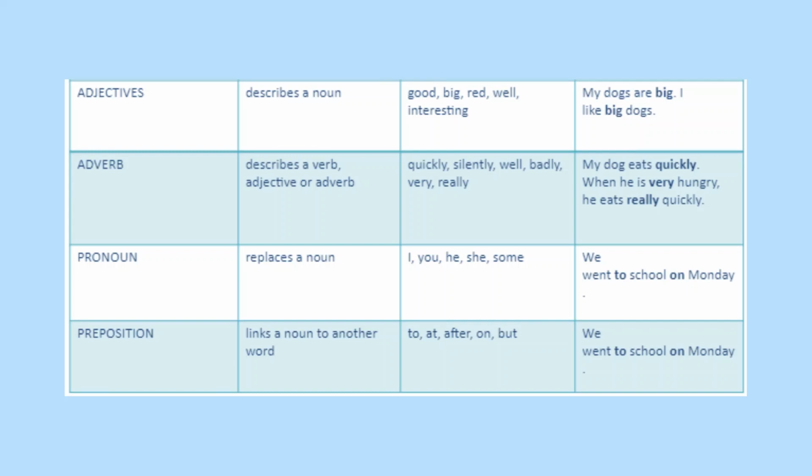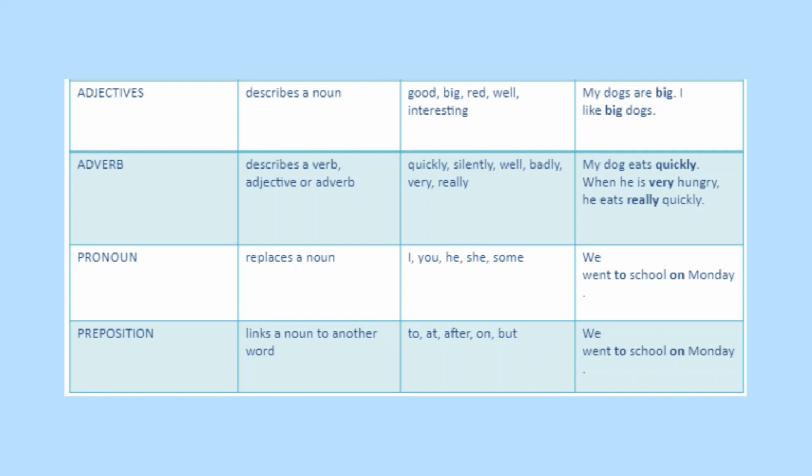Now moving towards another part of speech, that is preposition. A preposition is used to link a noun to another noun or to link a noun to a pronoun or to link a pronoun and another pronoun.